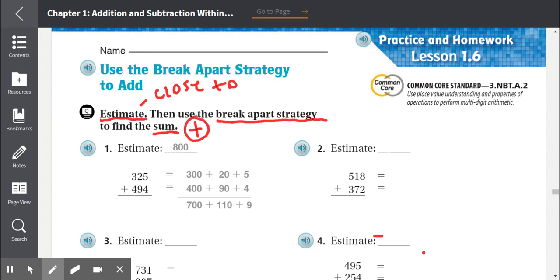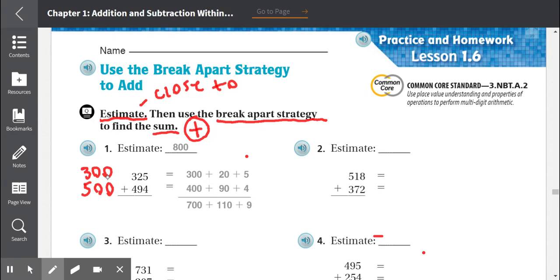Number one has been done for us. The first thing to do is to estimate. We have 325 plus 494. Let's estimate by rounding to the nearest hundreds. 325 is between 300 and 400, but it's closer to 300. 494 is between 400 and 500, but it's closer to 500.